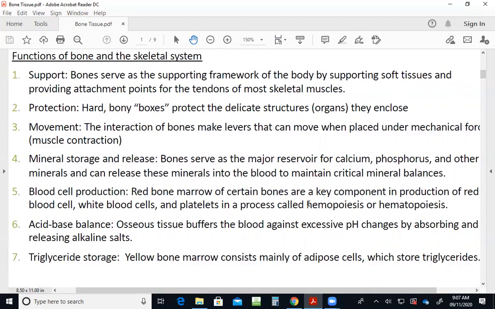We've got two major boxes: our thoracic cage, which includes our sternum, ribs, and vertebrae to protect our lungs and heart, and then our cranium, our skull, which encloses the brain. Movement is the third function. Bones make levers that can move when placed under mechanical force, in other words, muscle contraction.